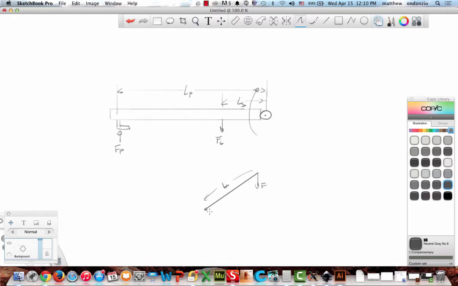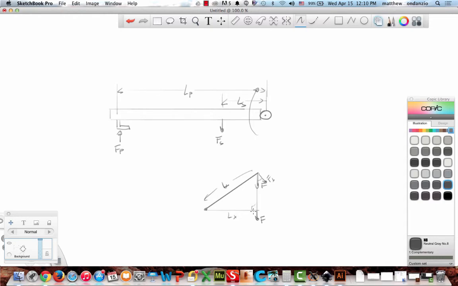If I want to know the force perpendicular to that length, I can do one of two things. There's a component of that force perpendicular, which is here, that's going to be less than F, and it's going to be that F perpendicular times L. Or, what's easier and more conceptually simple, you take this force, bring it down, bring this L over, and it's the original force times Lx, meaning the x component.